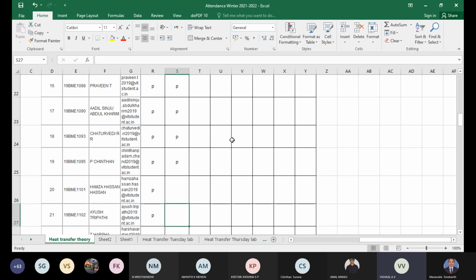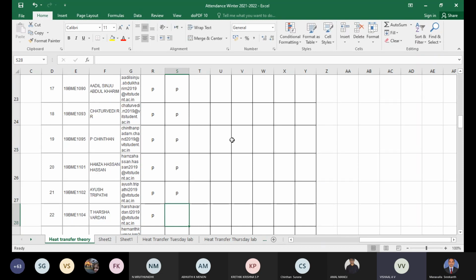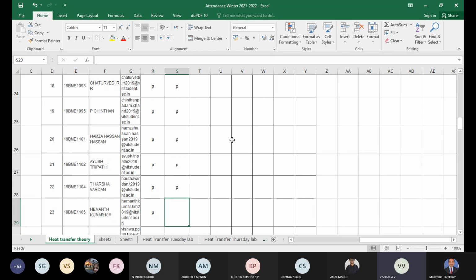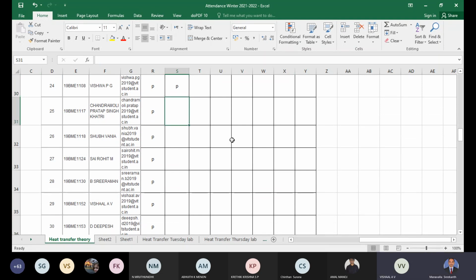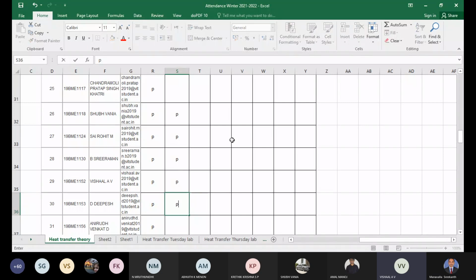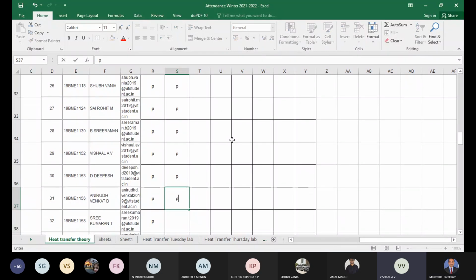Ayush Tripathi, present, sir. Hemant Kumar, present, sir. Sai Rohit, present, sir. Vishal, present, sir. Venkat, yes, sir.